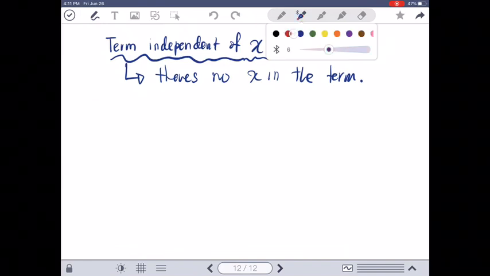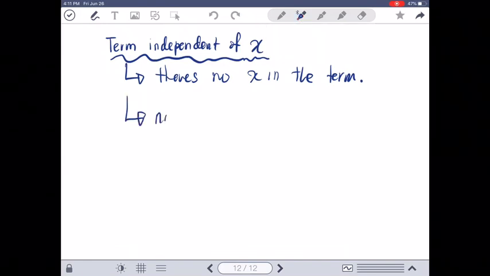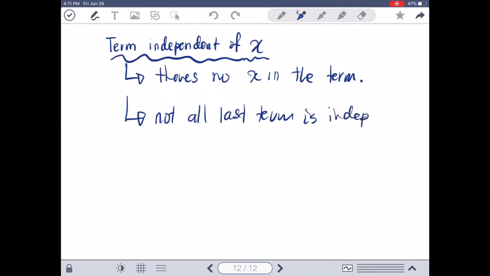Just take note that not every last term is independent of x, because terms in the middle of the expansion can also be independent of x. And take note that it doesn't have to be x all the time. It can be independent of y, independent of s, independent of t. It depends on the variable used in the question.